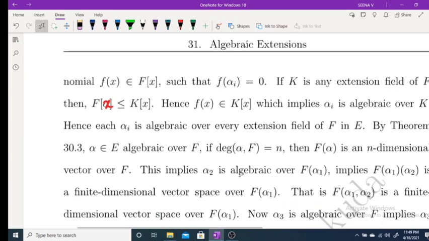Now this implies alpha 2 is algebraic over F(alpha 1), because each alpha is algebraic over an extension field.